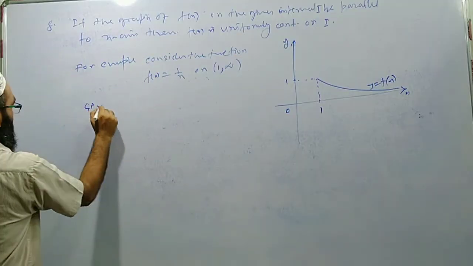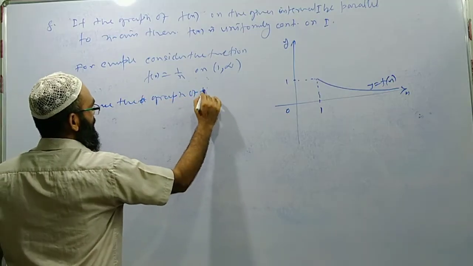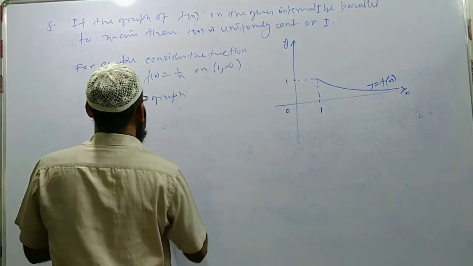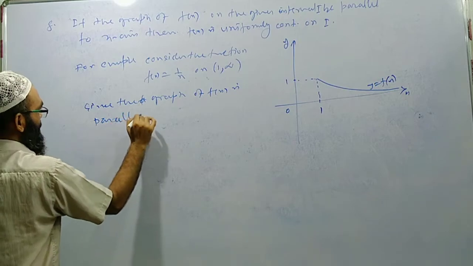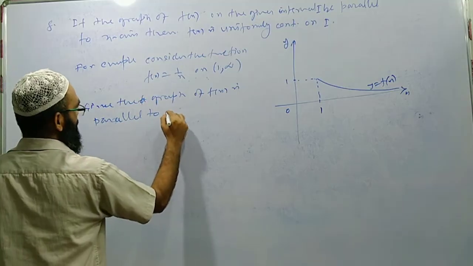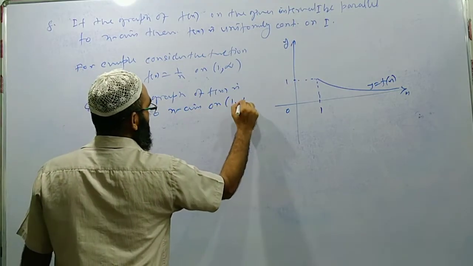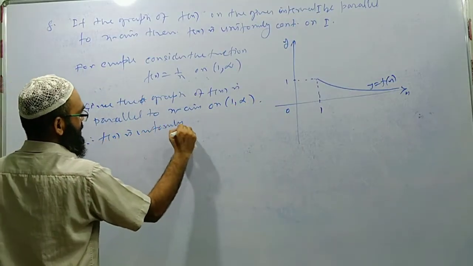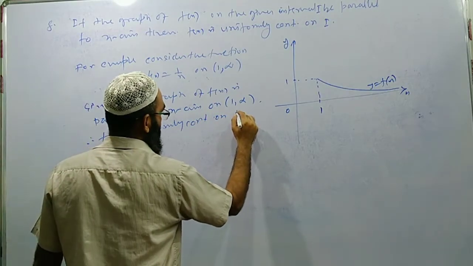Since the graph of y equal to f(x) is parallel to the x axis on (1, infinity), therefore f(x) is uniformly continuous on (1, infinity).